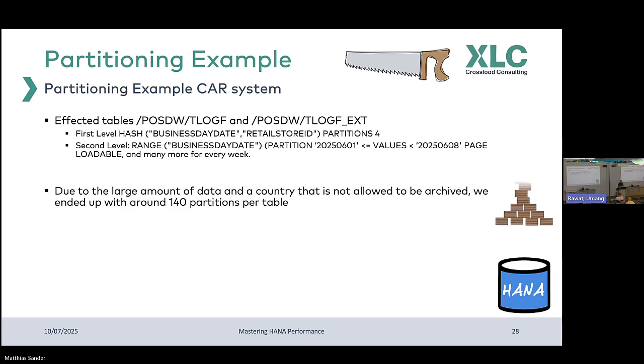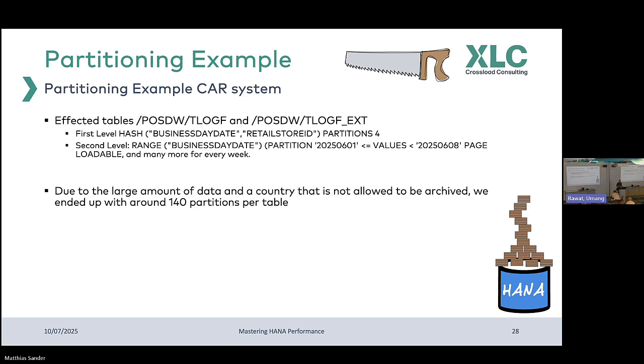Due to the amount of data and the fact that there's one country where they are not allowed to archive data: if they could archive every country, then the old partitions would be empty after 3 months and you could delete empty old partitions. But in this case, all the old partitions had 1,000, 2,000, 3,000 records remaining per week. So you can't delete a partition with 3,000 records, or you will lose data.